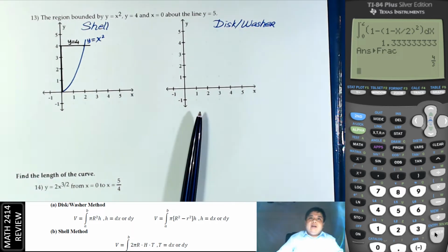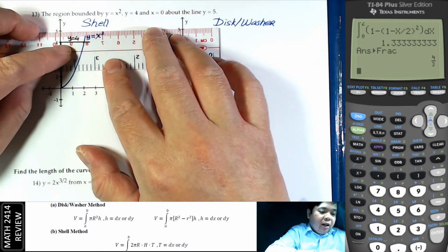Now the axis of rotation is y equal to 5, so that is the horizontal line here.